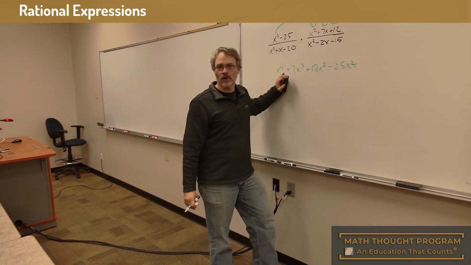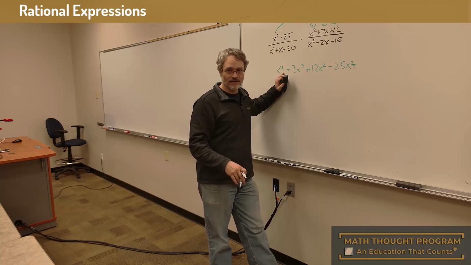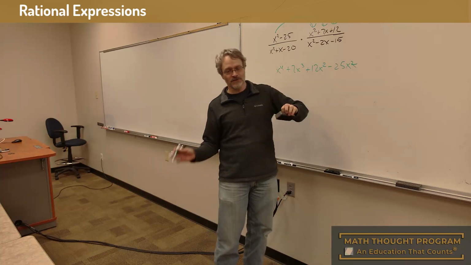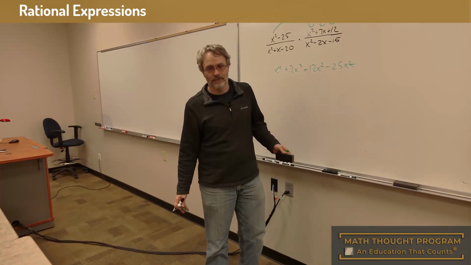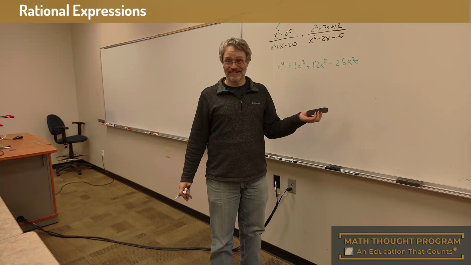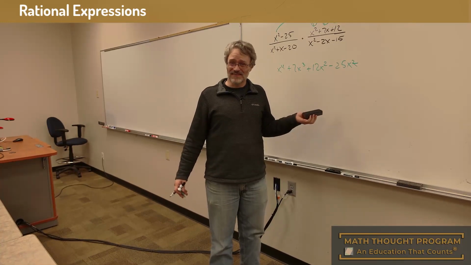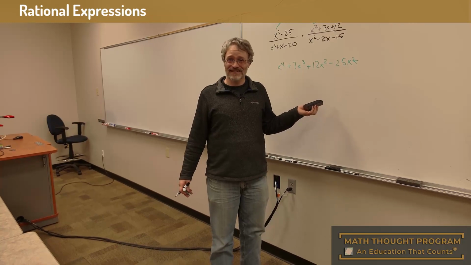I have a degree 4 polynomial. I have to simplify the results in the very end. That's going to require me to factor the polynomial. Can you factor a degree 4 polynomial? Well, not yet, but do you see how hard that is?